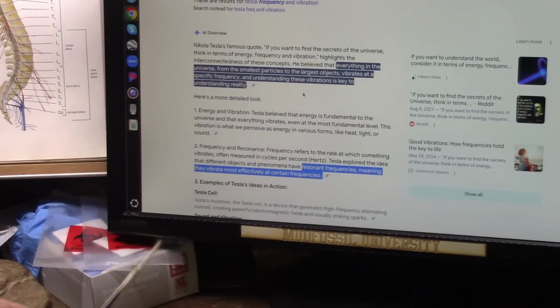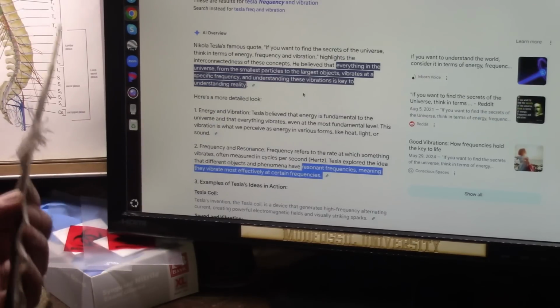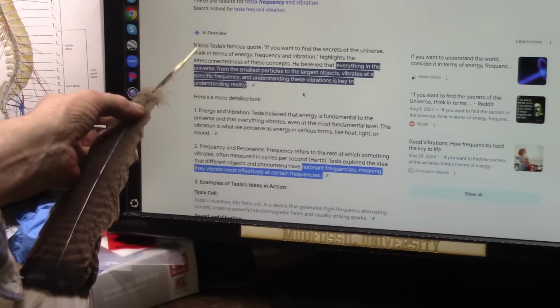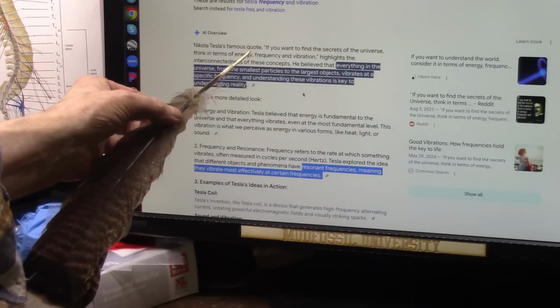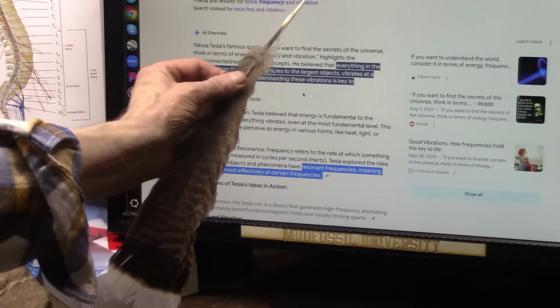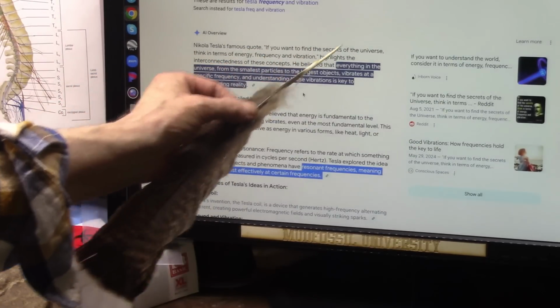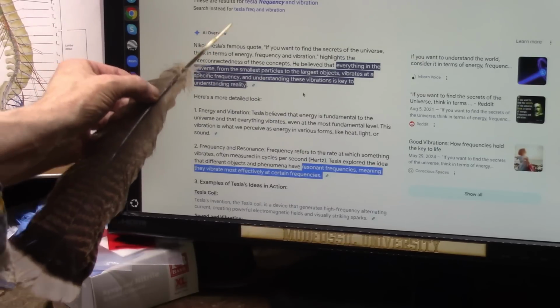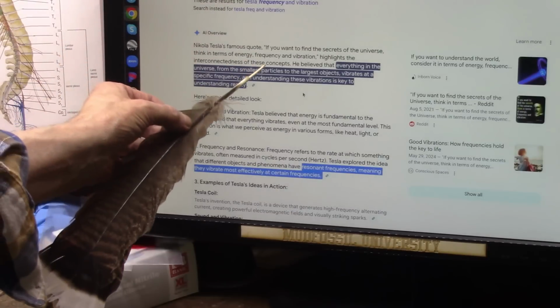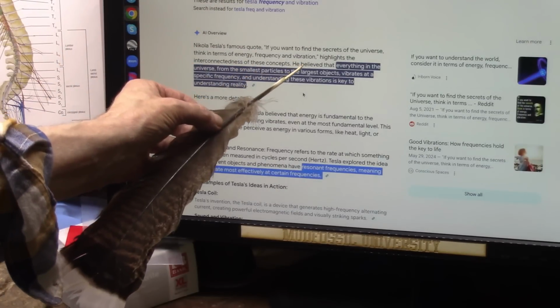Okay, I'm certain you know who Tesla was. Now, what did he say and what were his big proclamations? Well, Tesla's famous quote was, "If you want to find the secrets of the universe, think in terms of energy, frequency, and vibration."